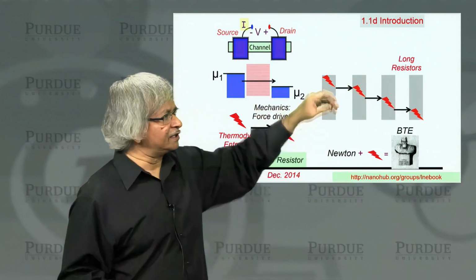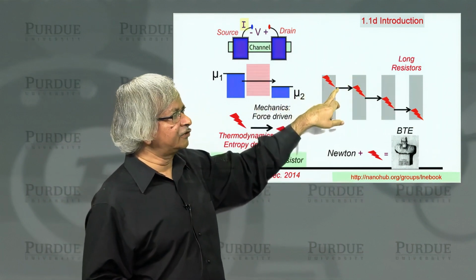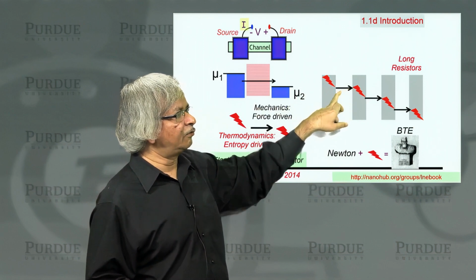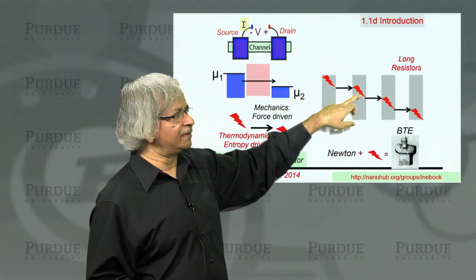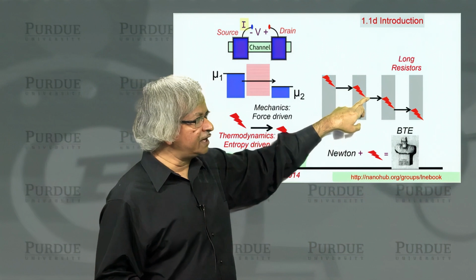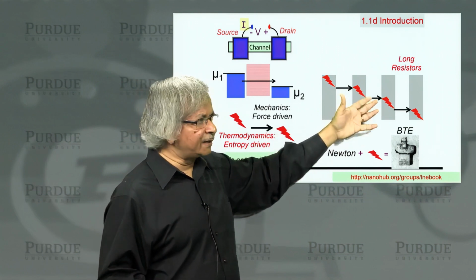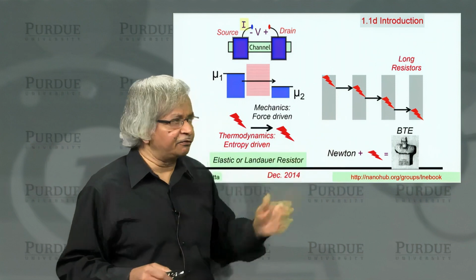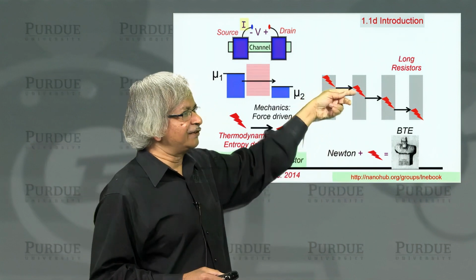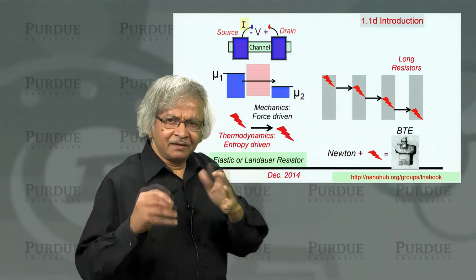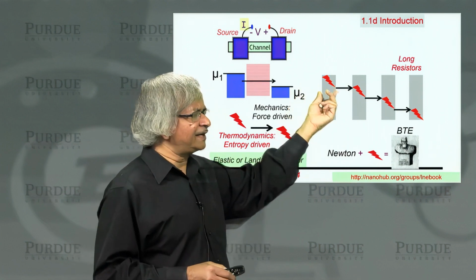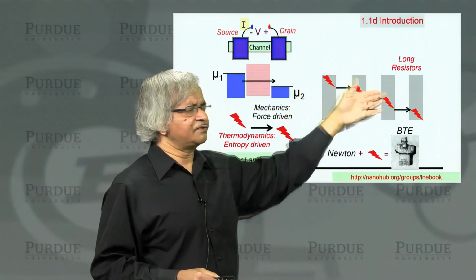So mentally, conceptually, you think of it as an electron goes elastically from one point to another, loses some energy, goes again elastically, again loses some energy. So this is an approximate picture, because in reality, of course, these black things and the red things are all mixed up. But conceptually, you can picture it as if it's a series of such things.